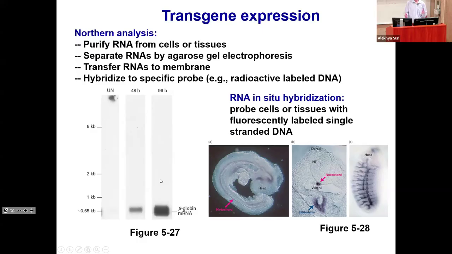Nowadays you would use RT-PCR, reverse transcriptase PCR, but some people have used, way back, northern analysis, running RNA on the agarose gel, transfer to an RNA membrane, hybridizing with a specific probe, for example.